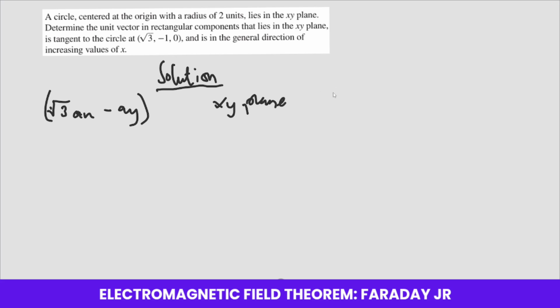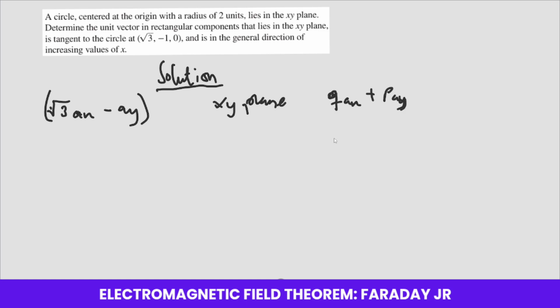Let's give an example. Given, say, Q ax plus P ay, if I want to find the coordinate tangent to this, all I have to do is interchange the positions of Q and P and negate either of them.